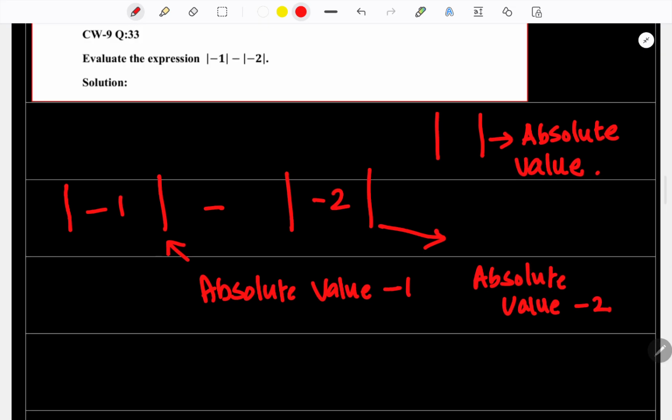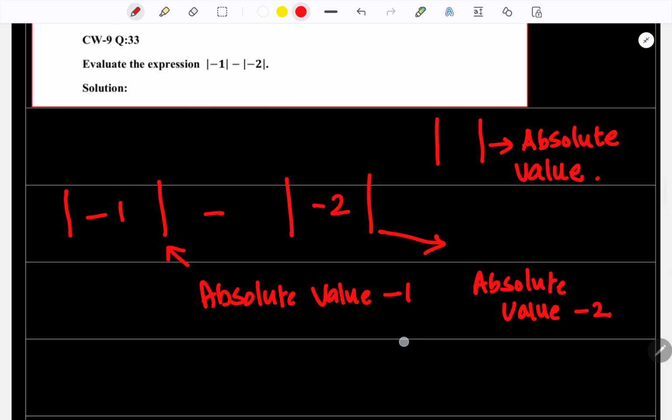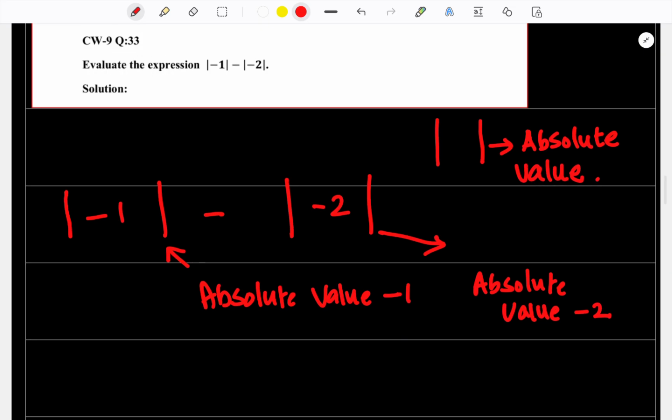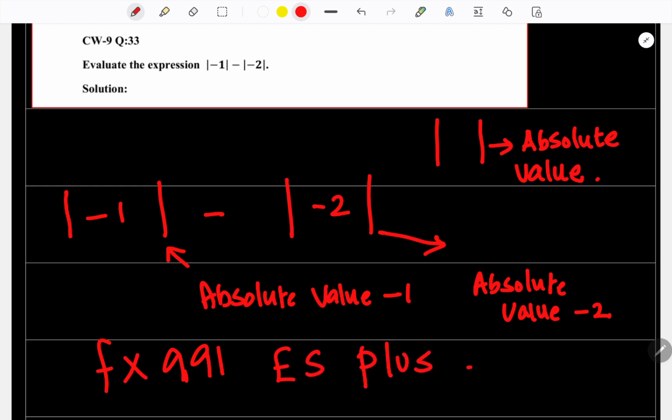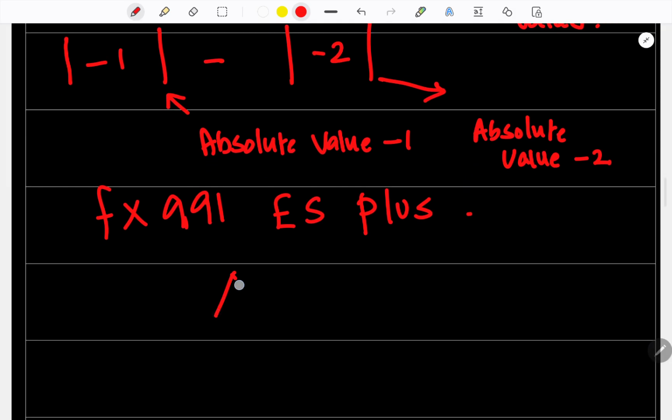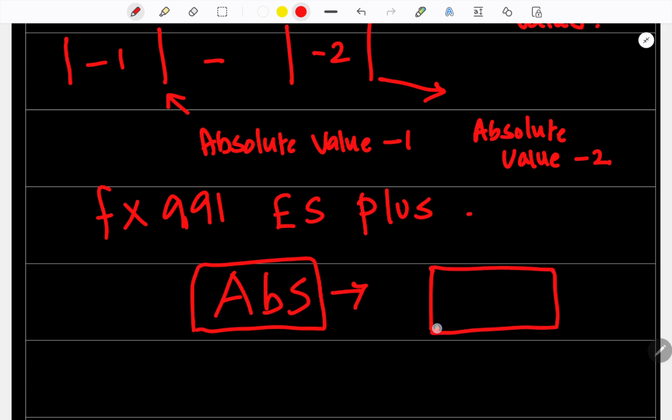Okay. So this one I'm going to teach using calculator. So everybody take your calculator. FX991 ES plus calculator. Okay. Keep in your mind. You can see this absolute value, the word ABS. You just check the word ABS in the calculator. Where is ABS? I will tell you slowly. Don't worry. There is a button called HYP. Can you see that?